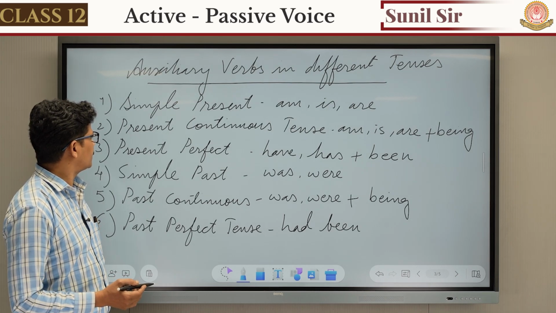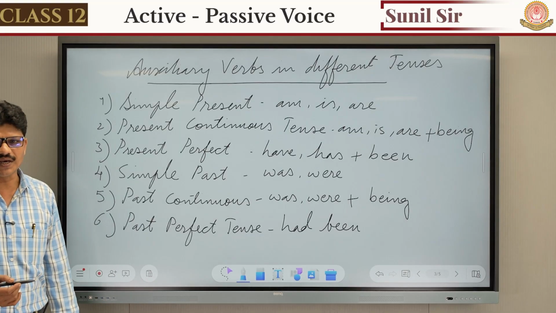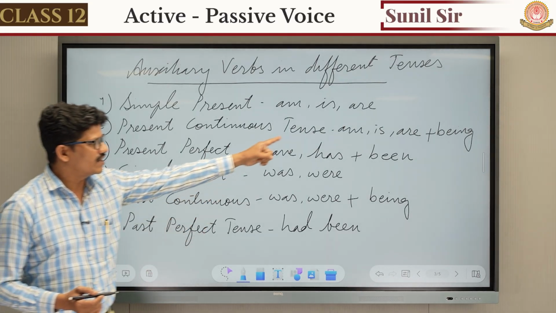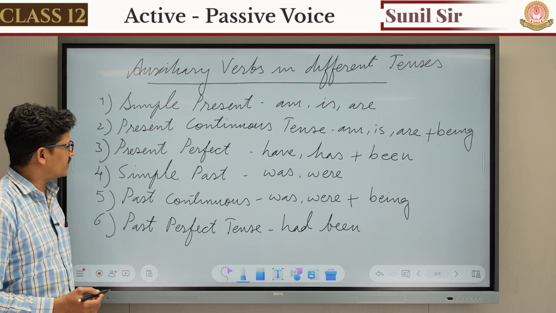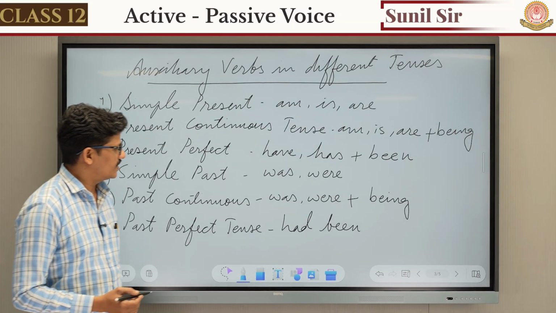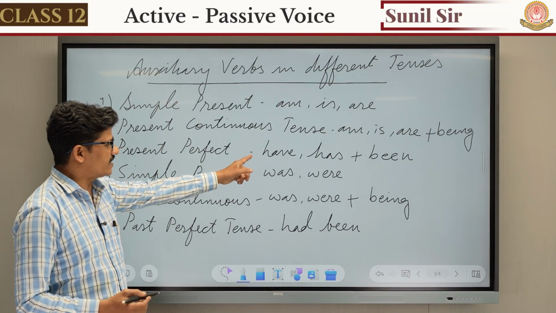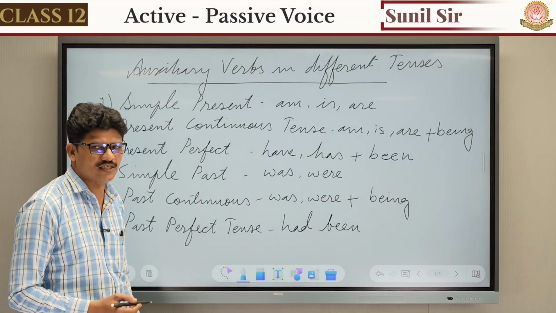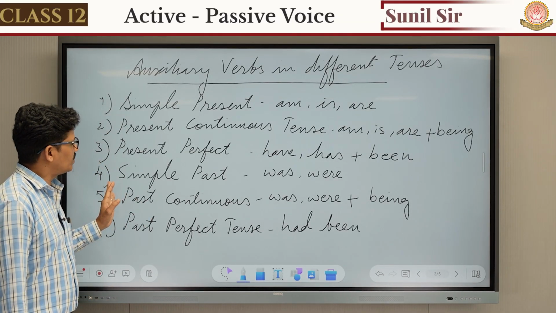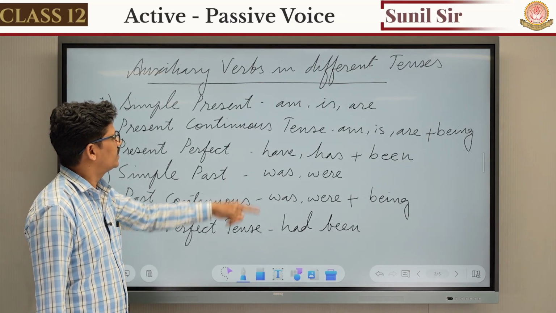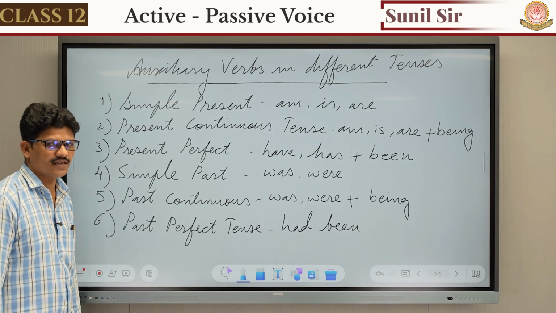If the sentence in active voice is present continuous, then the helping verb in passive voice will be am, is, are plus being. Third, if the active voice sentence is present perfect tense, the passive voice sentence will take helping verb as have or has plus been. If the sentence is simple past in active voice, in passive voice it will take was or were helping verbs.